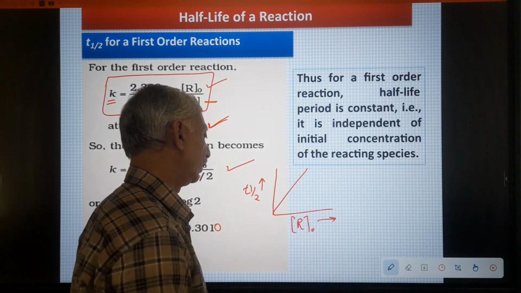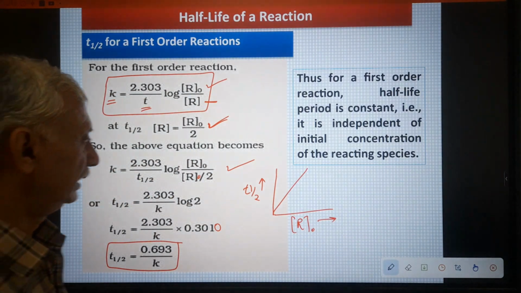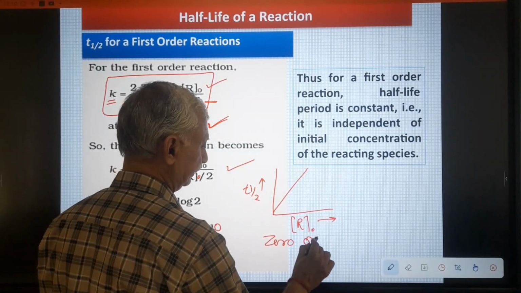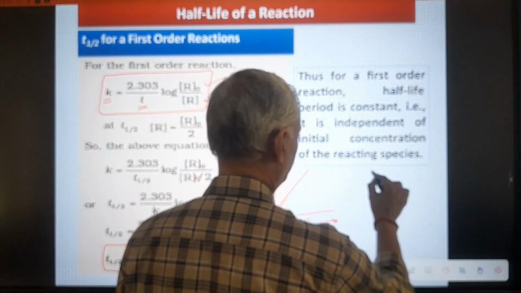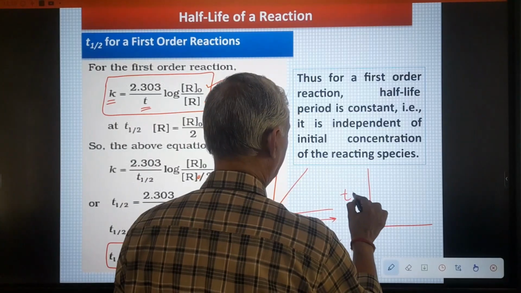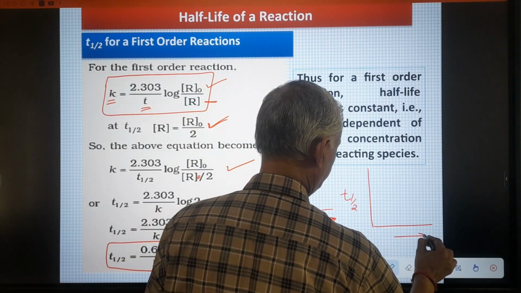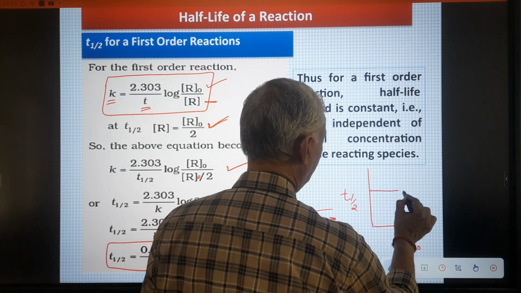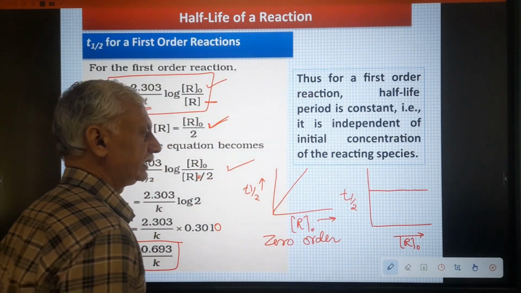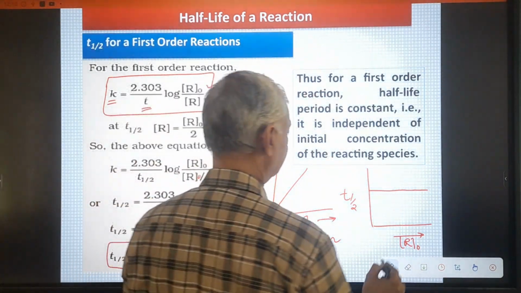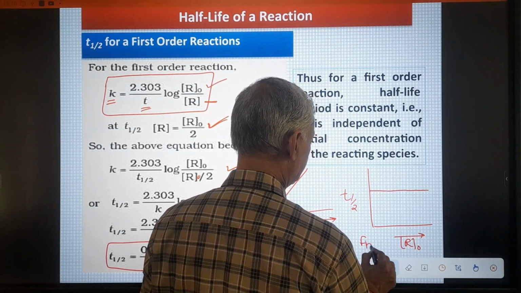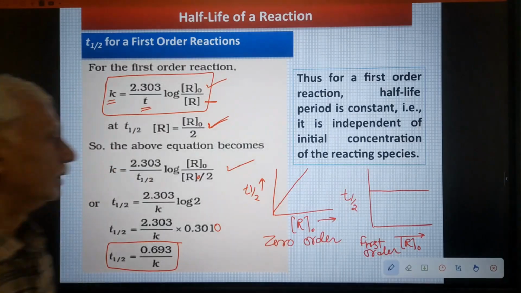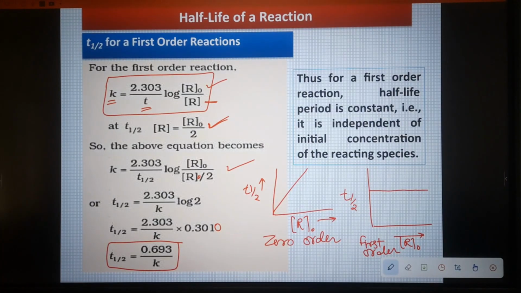But in case of first order reaction, the T half is not depending on it. When we increase or decrease R naught, T half is not changing. It means T half is not depending on the initial concentration of reactant for a first order reaction. So this is all about the integrated rate law method.